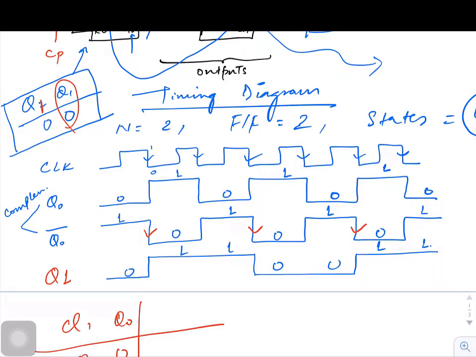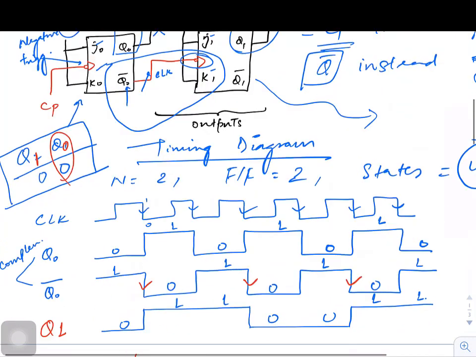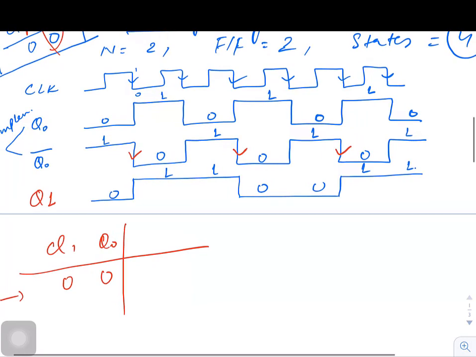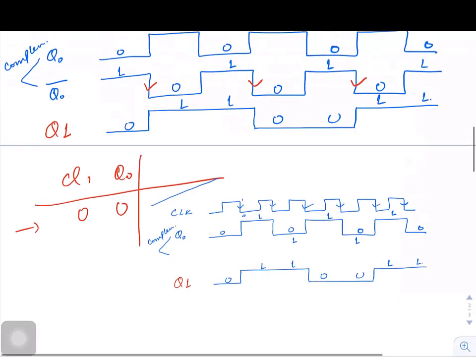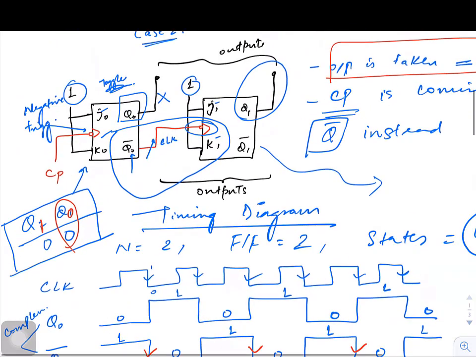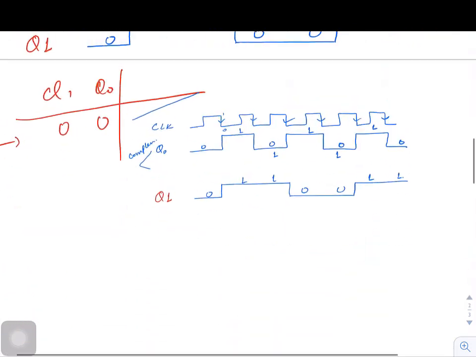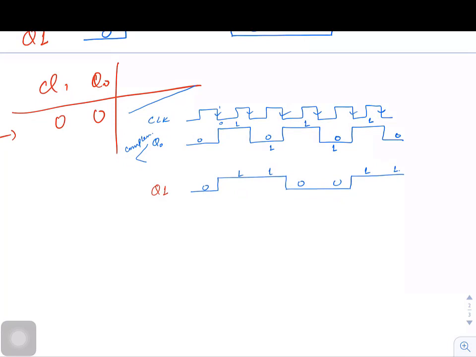Now if I remove this intermediate signal Q bar for some time, because I am interested only in my output, and the output is coming from Q0 and Q1 only, let us check what is the sequence that is getting created.